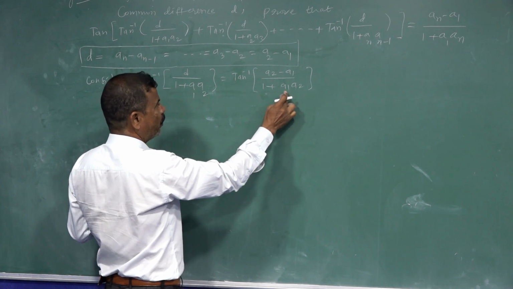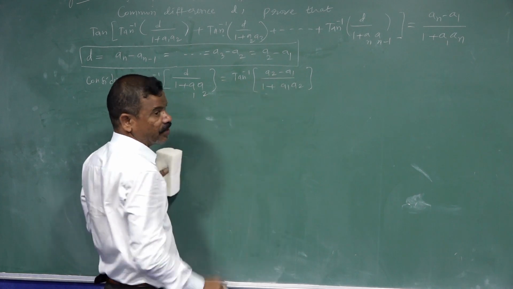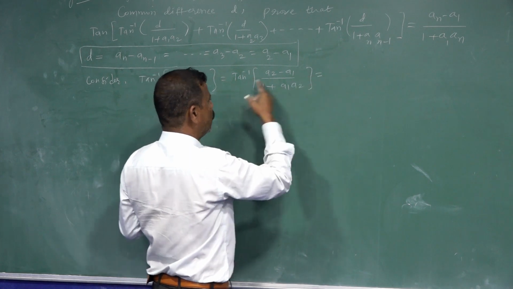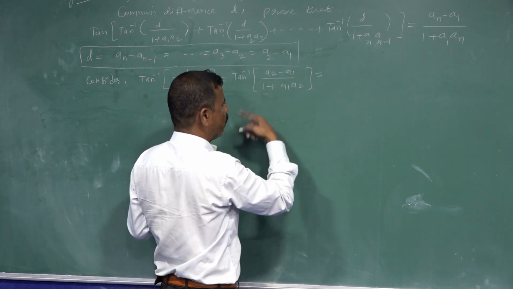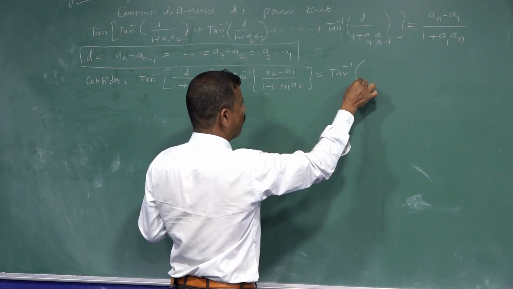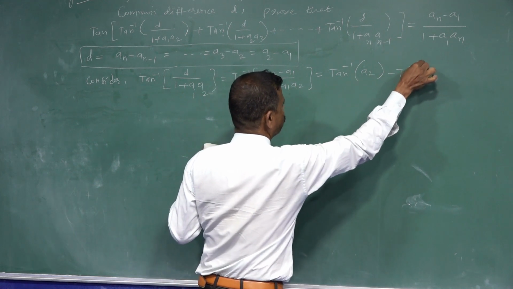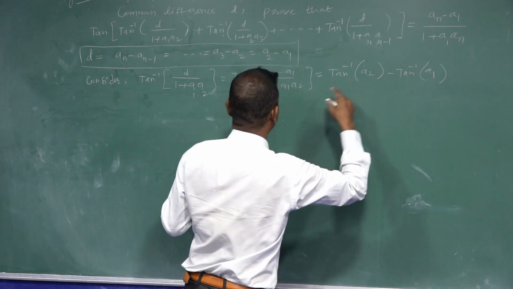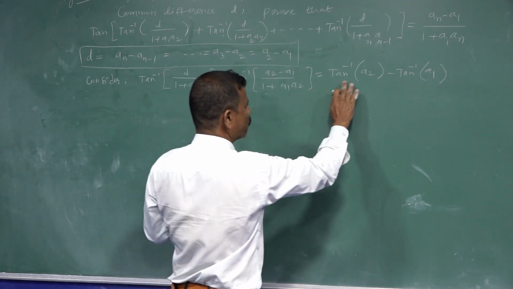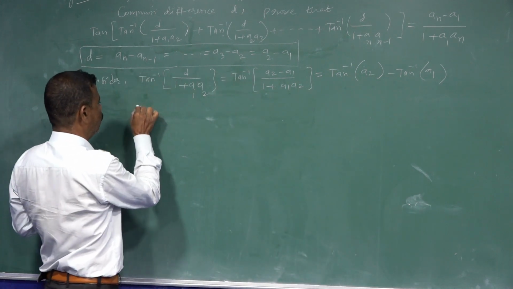Here a1 a2 is the denominator, that's why the suitable value is a2 minus a1, not a3 minus a2. So this is tan inverse of (x minus y) by (1 plus xy), that is tan inverse x minus tan inverse y. X is a2 and y is a1. So tan inverse of d by 1 plus a1 a2 is tan inverse of a2 minus tan inverse of a1.